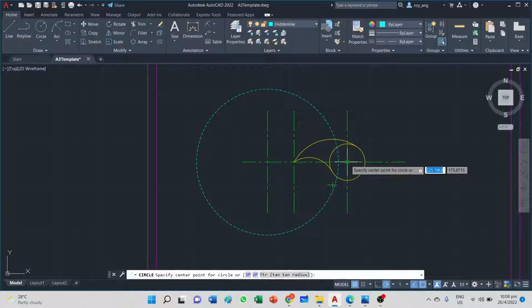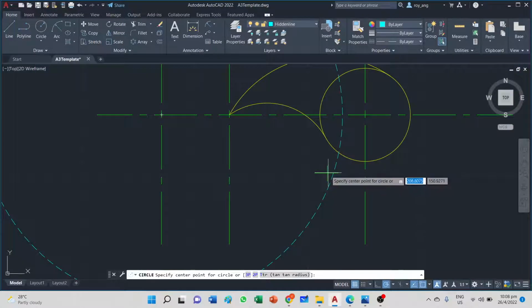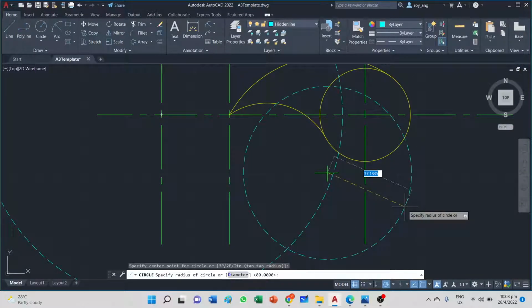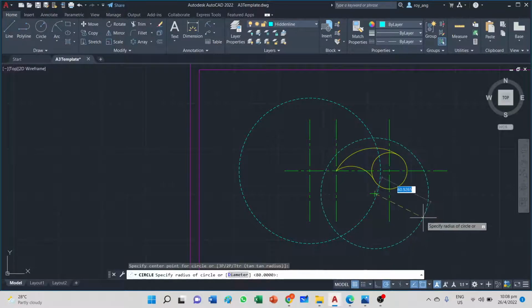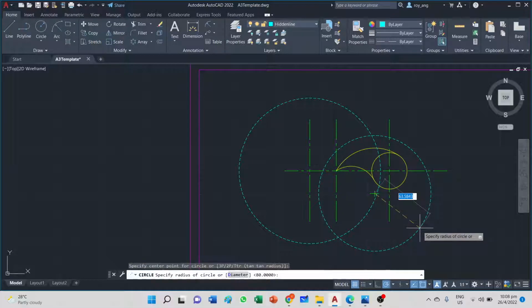The second construction circle will be drawn from the center of R50, because the R80 is tangent to R50. And the radius that we have to input for this circle is 80 minus 50, and that will give you a value of 30.